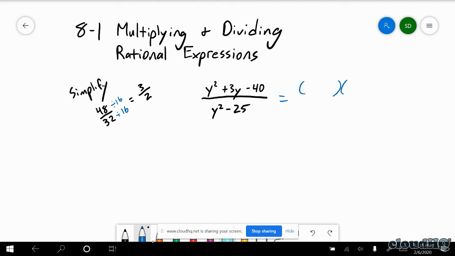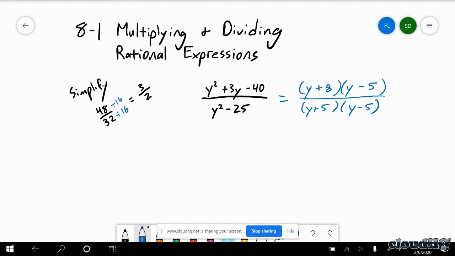Let's factor the numerator. You should get a positive 8 and a negative 5. If you factor the denominator, y plus 5 and y minus 5. Now they're written as multiplication problems. Is there something that you can divide away from both the numerator and the denominator?